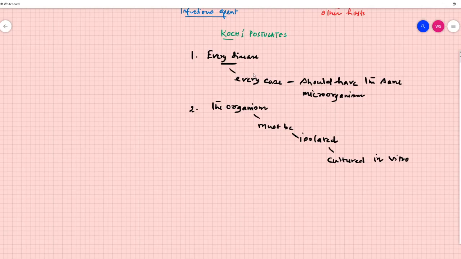So every disease should have the same microorganism, and this microorganism must be isolated and cultured in vitro, meaning outside the organism.